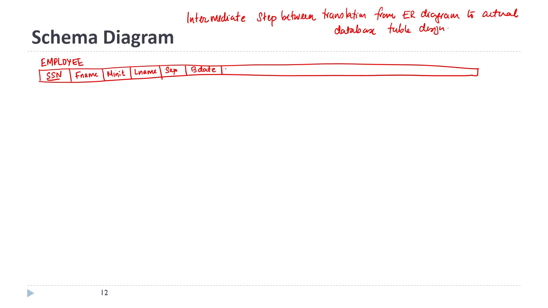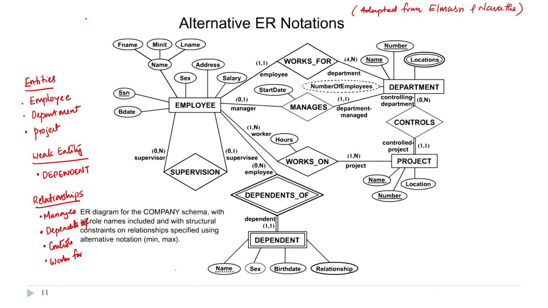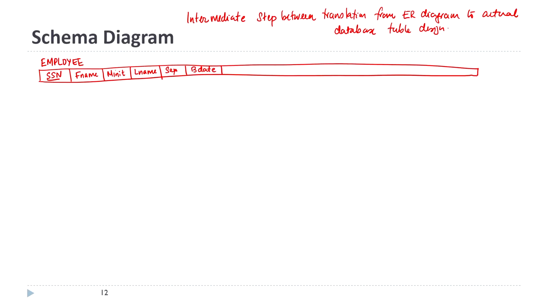And then you have address and salary. For address: apartment, street, city, state, pin code or zip code, whatever you want to call it, right. And then we have the salary. So, this whole thing that we just drew here is what we call the schema of the table.